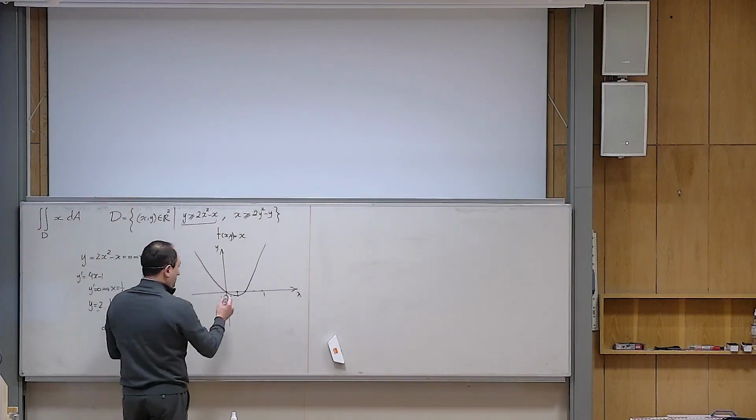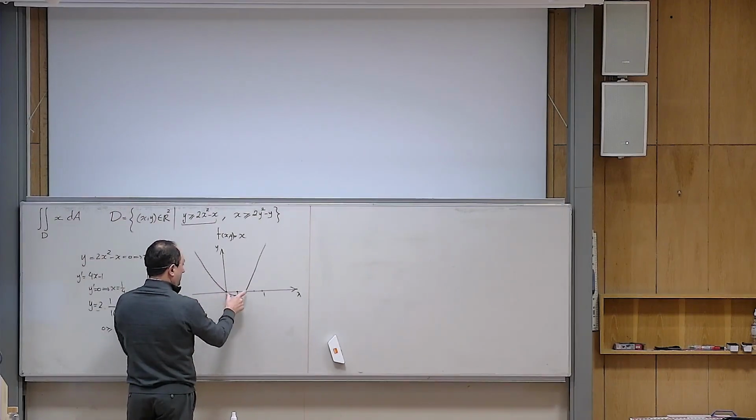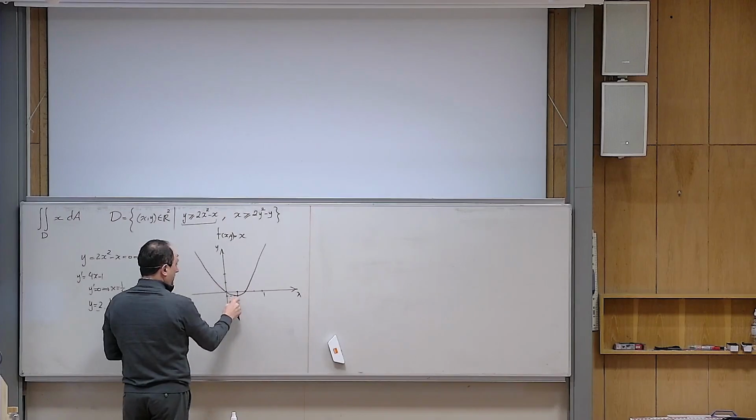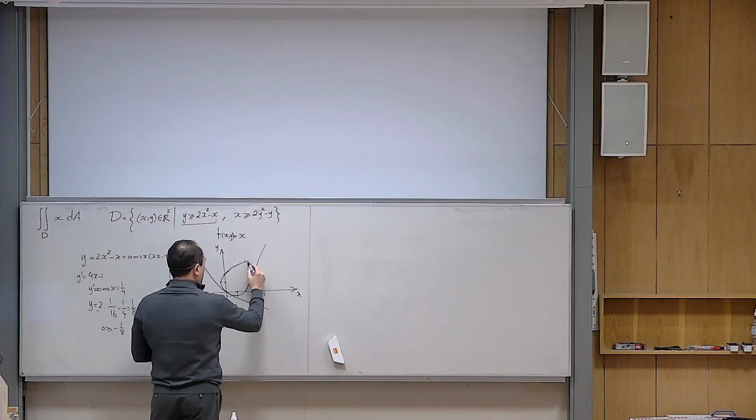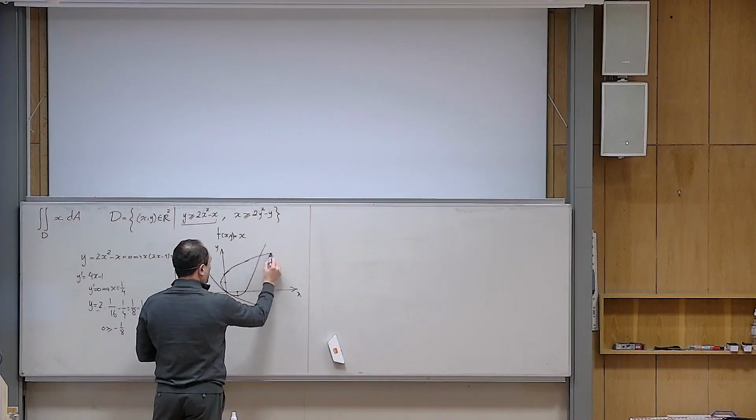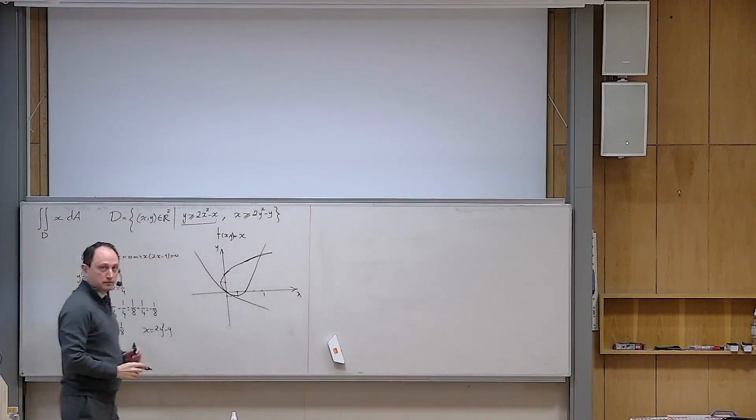I will have this one switched here, and this one in the middle, and then I will have -1 over 8 here, and then I will draw another parabola here, which passes through the origin as well, and it goes like that, and then I will go here. Something like this.